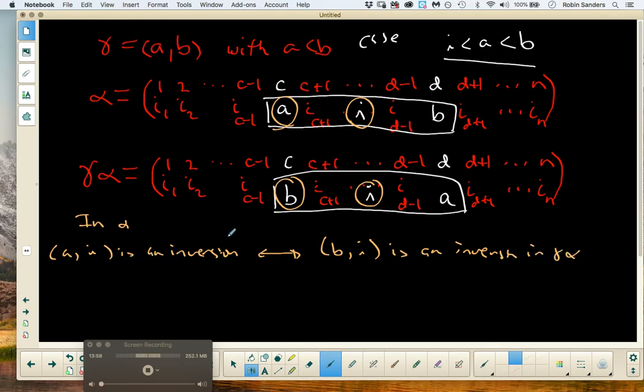So this inversion is in alpha, and this inversion here is in first do alpha, then do gamma.